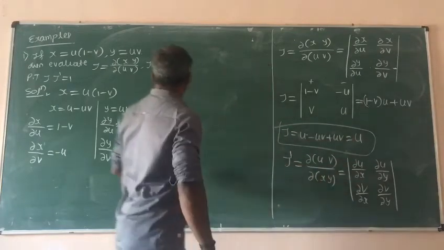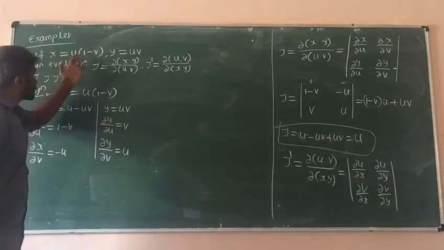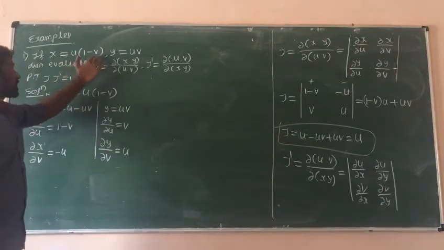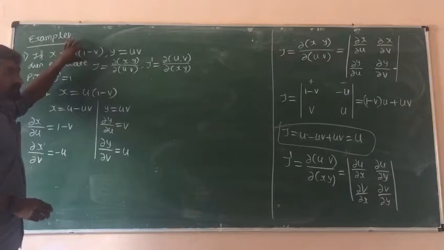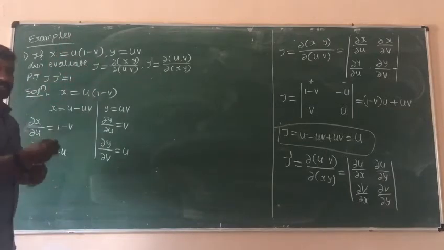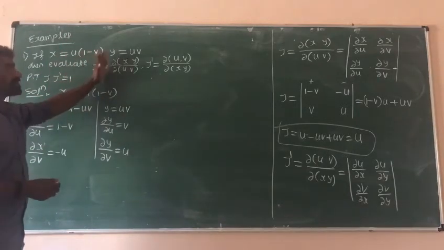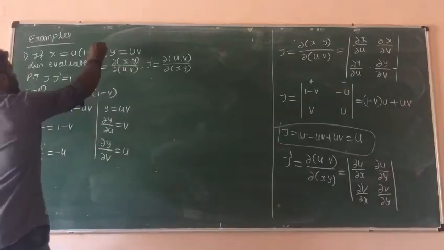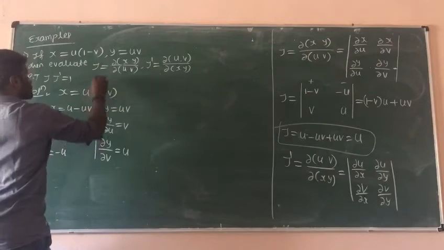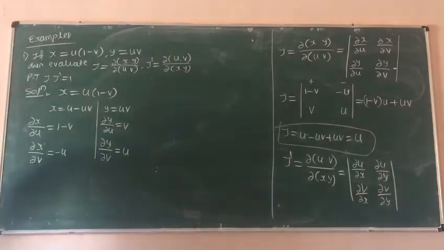But the functions are given in the form of x is a function of u, v and y is a function of u, v. What I need is u as a function of x and y, but it is not given, so we should convert it in the form of u as a function of x, y and v as a function of x, y. So take the given equations and write them.